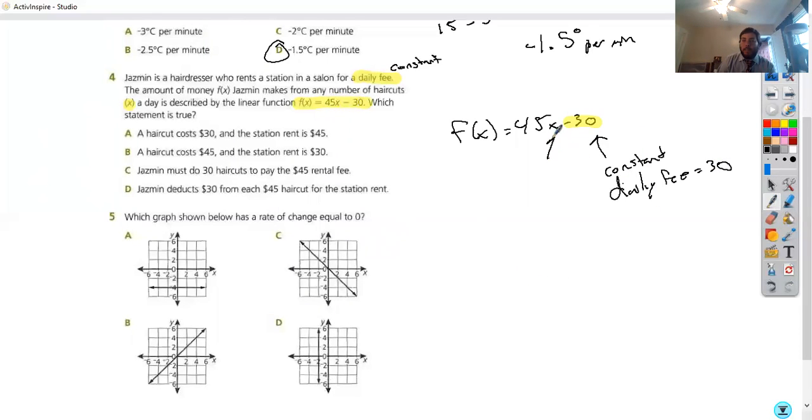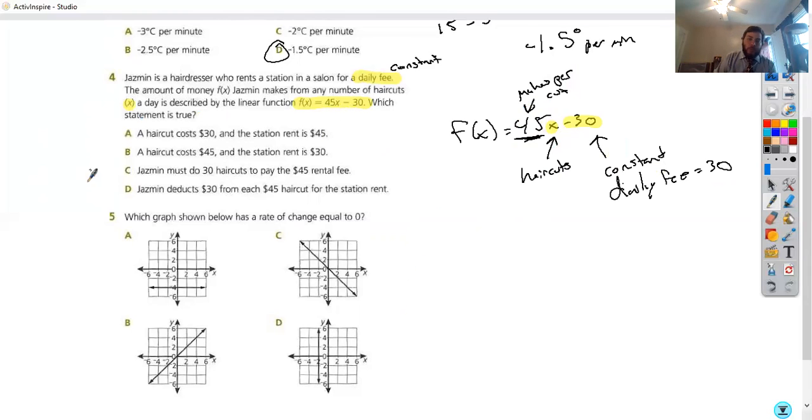Then remember, x is the number of haircuts. So if we're looking at the coefficient for the number of haircuts, that's how much she makes per cut. That's the amount of money she makes per cut.